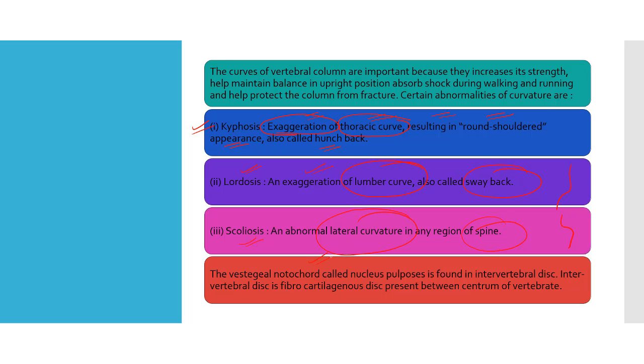The vestigial notochord called nucleus pulposus is found in the intervertebral disc. Okay, very important. The vestigial notochord is known as what? Nucleus pulposus. It is found in the intervertebral disc.